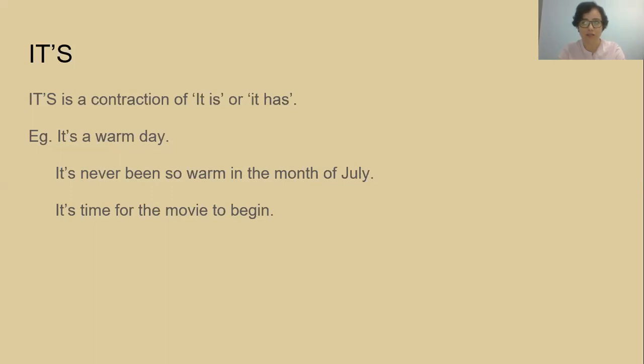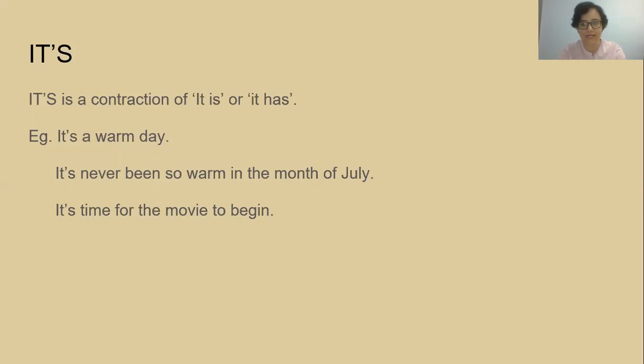Now, if you hear this sentence, you need to think for a minute whether it is a contraction of the words it is or it has. Let's say the sentence again now and substitute it for it is or it has and see if it makes sense. Okay? If it makes sense, then I know it's a contraction and I need to use the apostrophe.